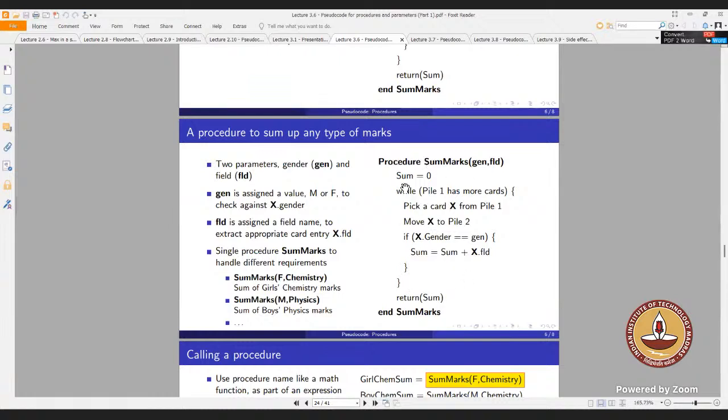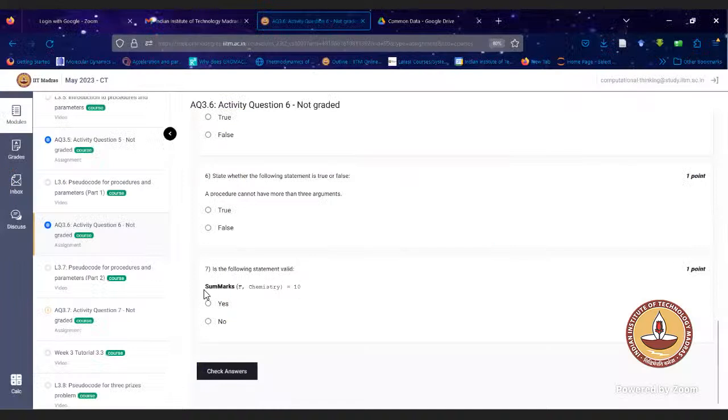So this is the procedure which is being called. In this, pick a card moves, so it is just summing up according to the gender and the field, and returns the sum. The question was, is the following statement valid? sumMarks(F, chemistry) is equal to 10. What is your answer?